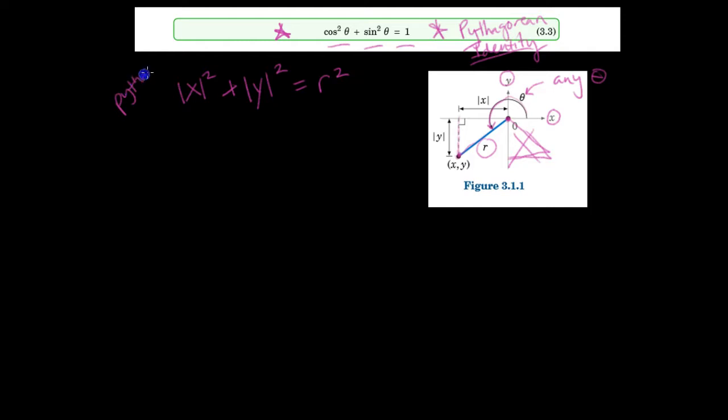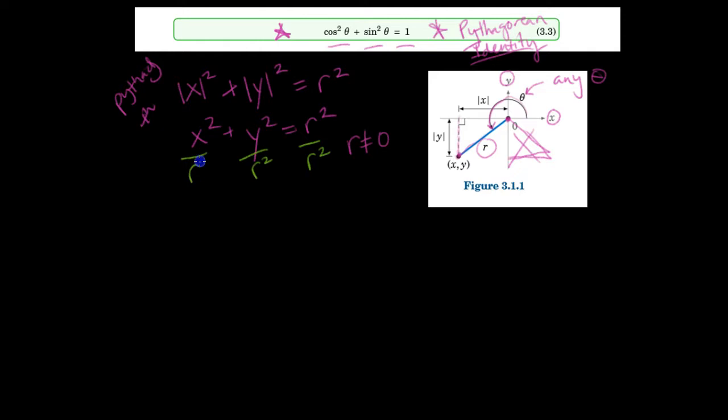So we have x squared plus y squared equal to r squared. Now, as long as r is not equal to 0, which we're assuming, because it wouldn't be the origin, since that wouldn't be a very exciting point, right? So we know that r is not equal to 0. In that case, I can divide everything by r squared.